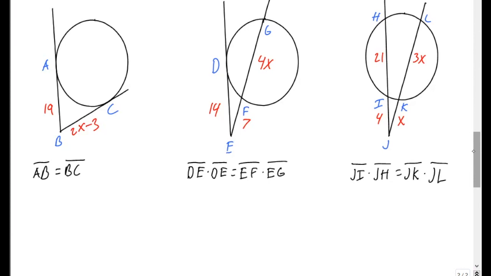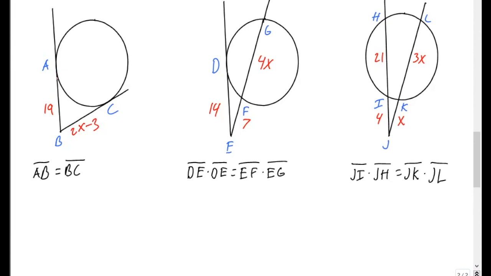Alright, now let's talk about tangent lengths and secant lengths. If you have two tangents, like in this first problem, the two tangents at the same intersecting point are always going to be congruent.